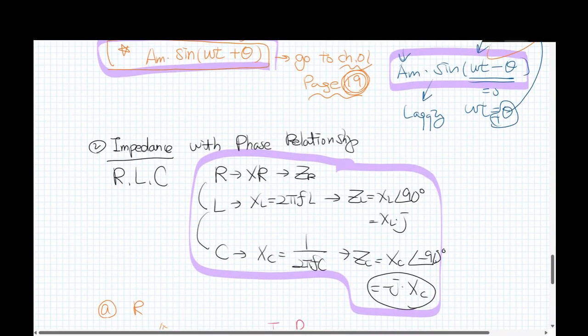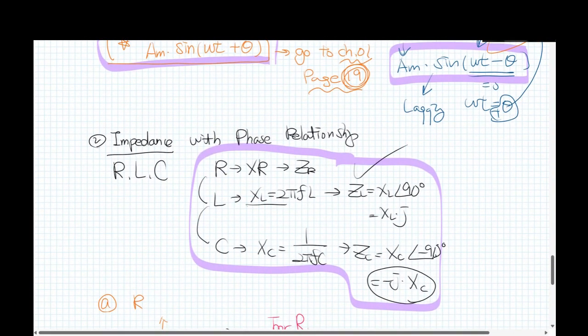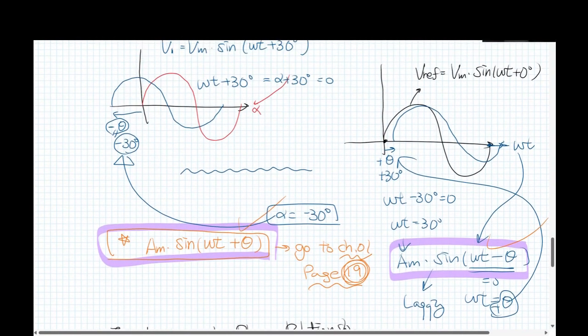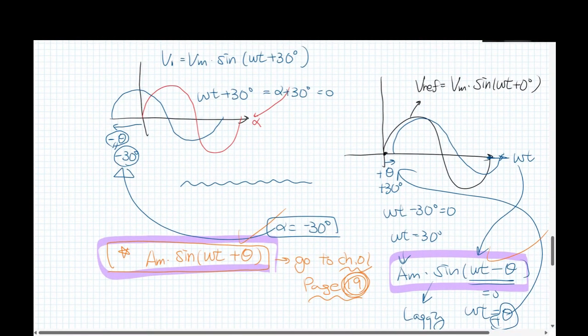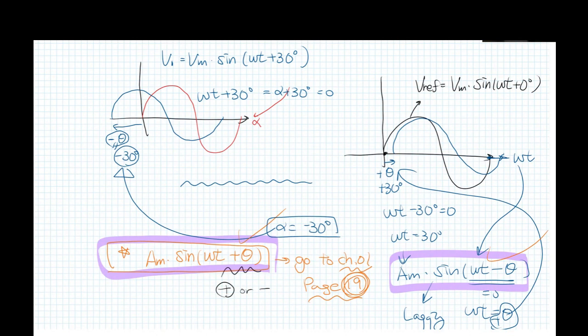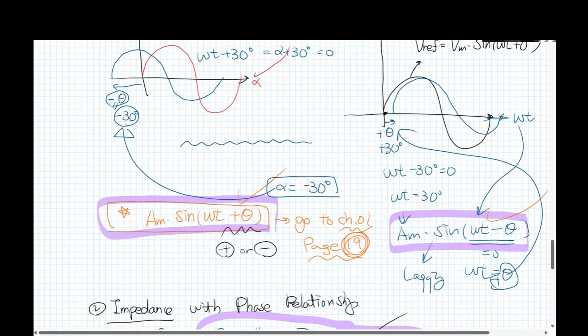And also you have to know how to find X sub L, X sub C, angle L, and angle C. And from the two sinusoidal waveforms, you can find the phase, sometimes plus or sometimes minus. It depends, okay? So please go back to review chapter 1, pages 32 to 35, and also 19 to 23, okay?